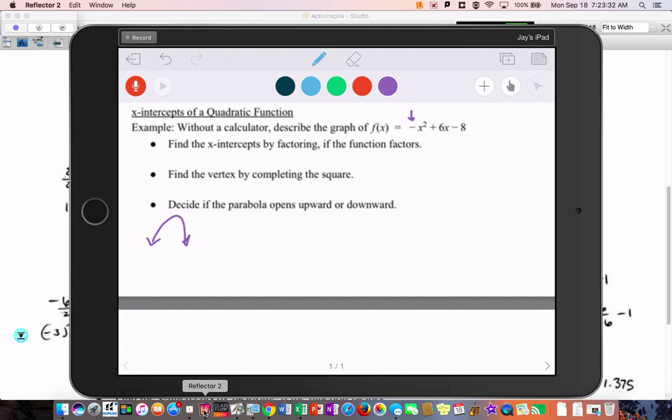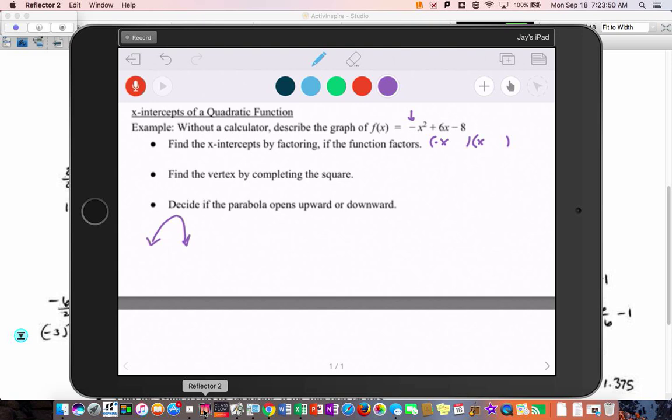Now, if I were to factor this, this is a little bit more difficult because of the negative in front of x squared, but I could go negative x and x, and I need two things that multiply to give me negative 8, but they have to add up to the 6 in the middle.